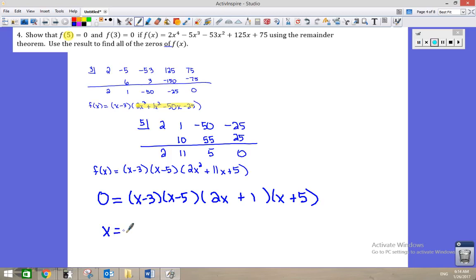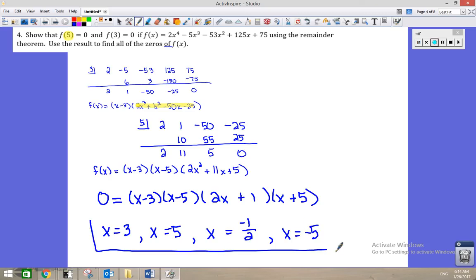I can find 3, they gave me that one. I can find 5, they gave me that one. But now I know that -1/2, if I subtract 1 and divide by 2, and if I subtract 5, I have now found all of the zeros.